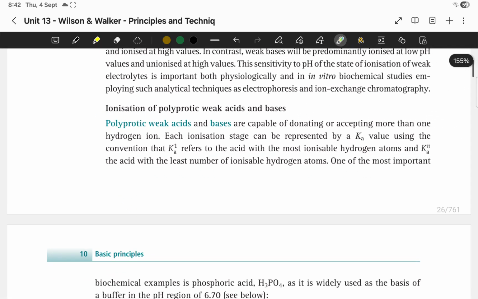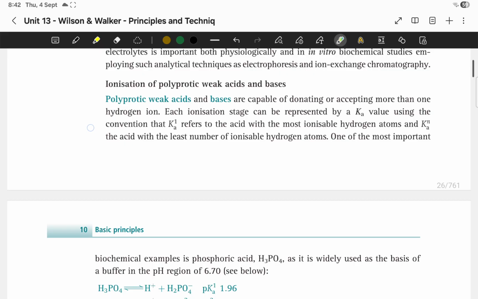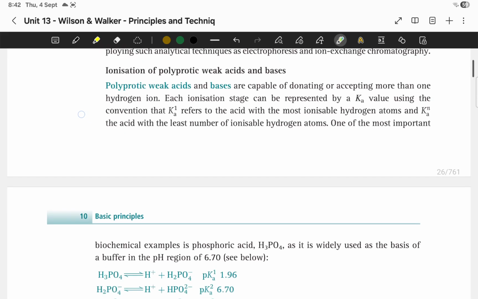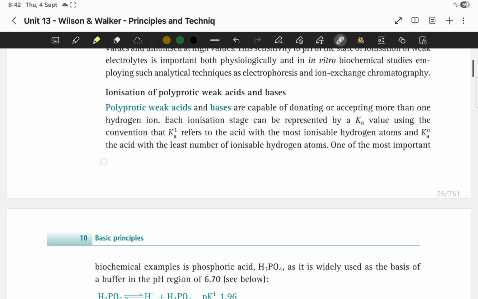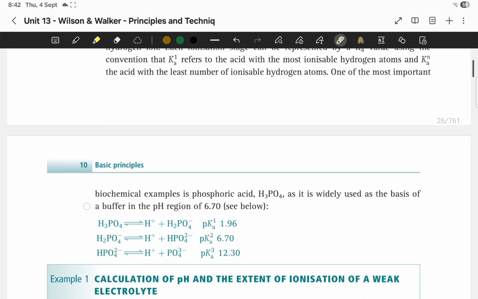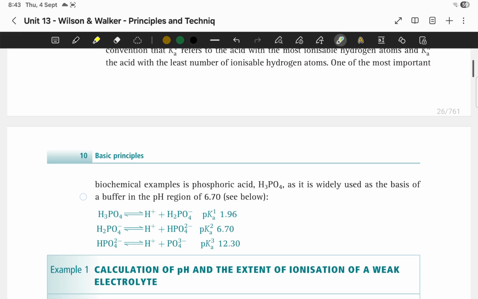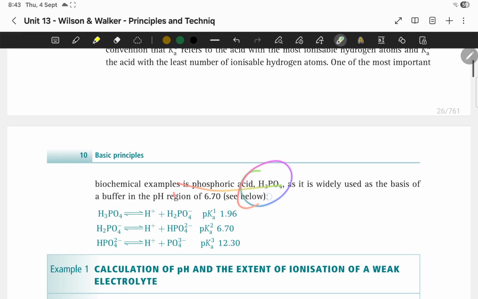Each ionization stage can be represented by a Ka value using the convention that Ka1 refers to the acid with the most ionizable hydrogen atoms, and Kan the acid with the least number of ionizable hydrogen atoms. Okay, one of the most important chemical examples is phosphoric acid, H3PO4, as it is widely used as a buffer in the pH region of 6.7.